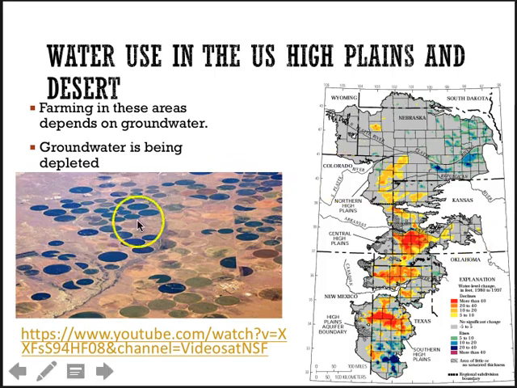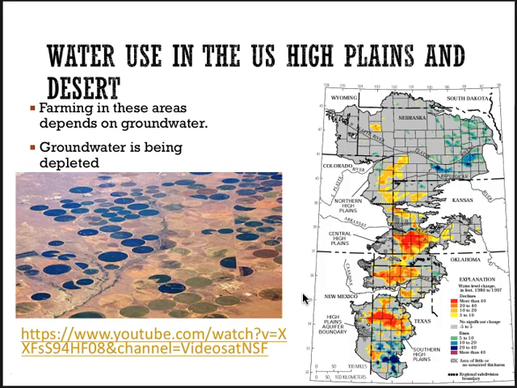So this is a bunch of fields in New Mexico, and you'll notice that they are circular because in the middle of each of these fields is a well pumping water up from the ground, and then they use that in the central arm, and it just circles around, and you get these circular shaped fields. And of course, this is the desert, so these crops would not be growing if it weren't for these wells.